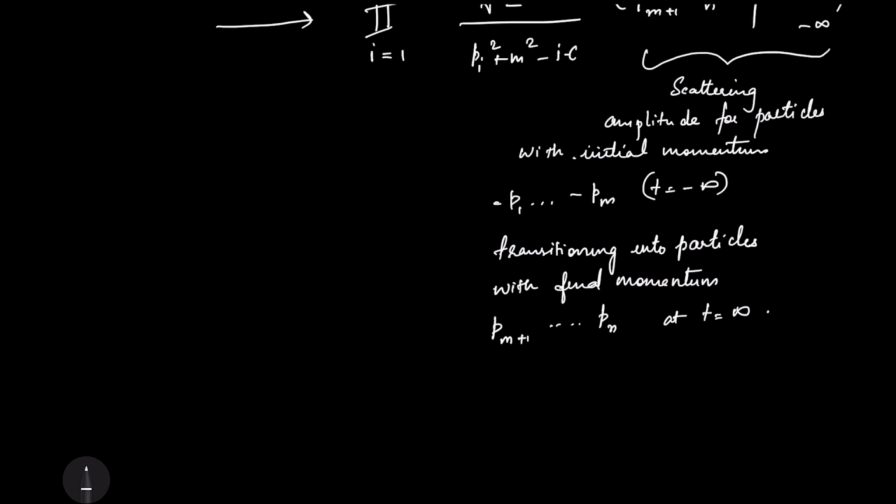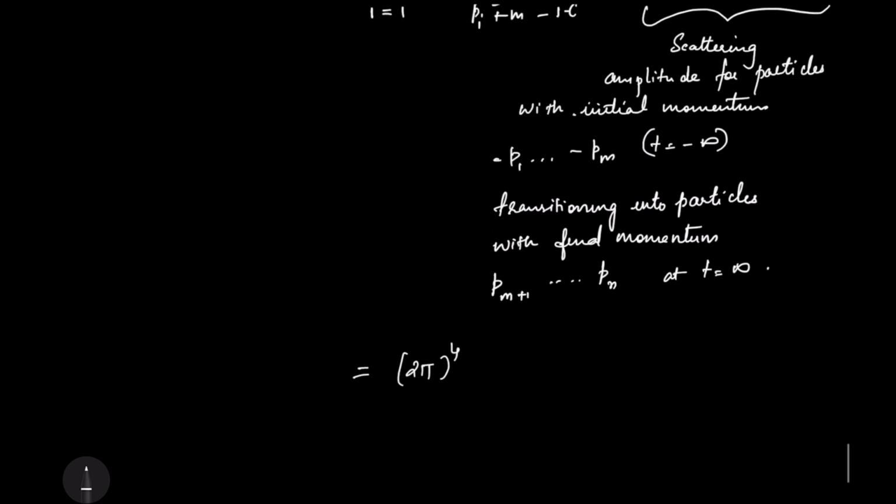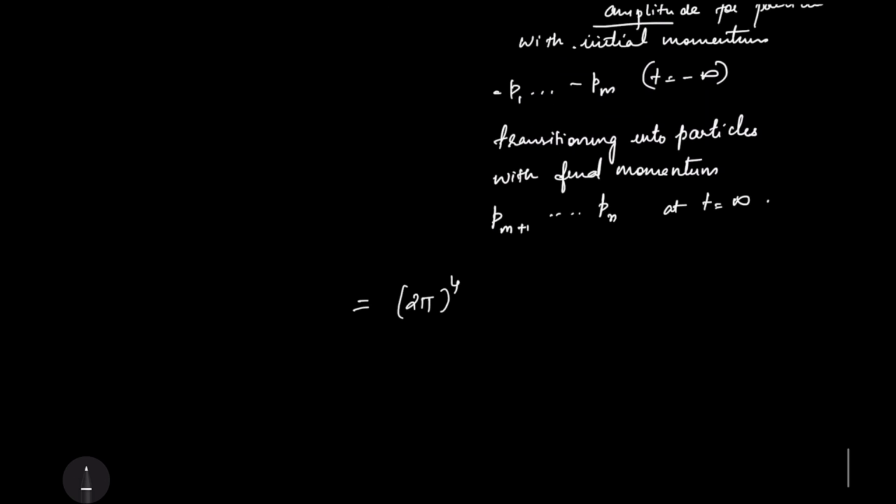Okay, so which means that this is equal to 2 pi to the power 4 Dirac delta of p1 up to pn, times the amplitude M_{alpha beta}.